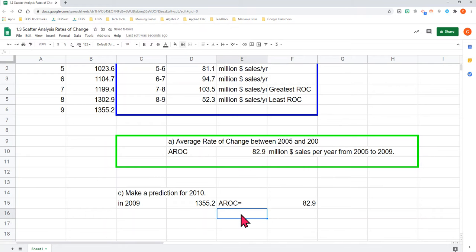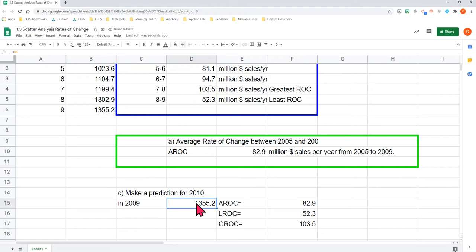Okay. I'm going to put the least rate of change equals, and I'm going to click over here in this next box, and I'm just going to go up here and I'm going to click it. There's the least rate of change in D5. And then I'm going to go up here and click greatest rate of change equals, and then I'm going to click the next cell over. I'm just copying my information here. Okay, there you go.